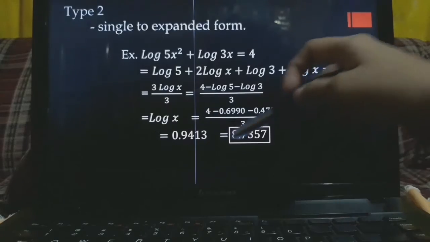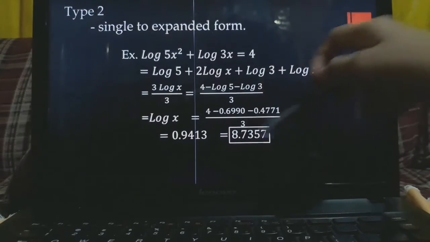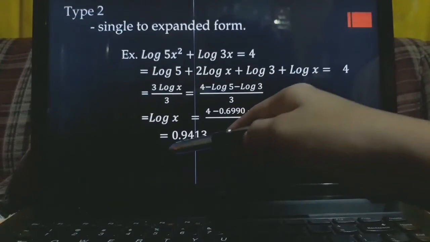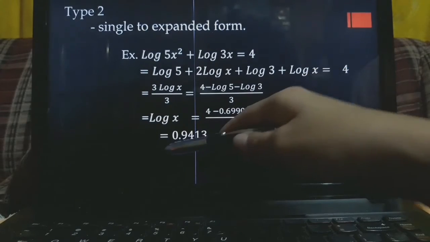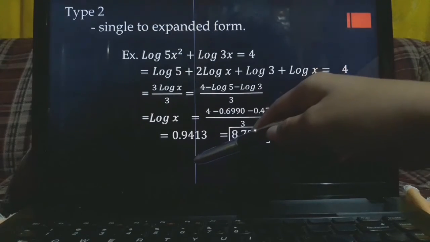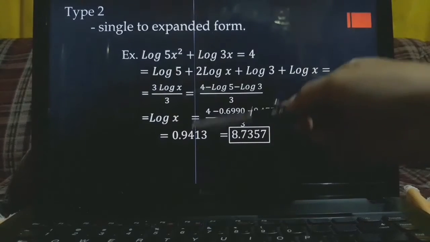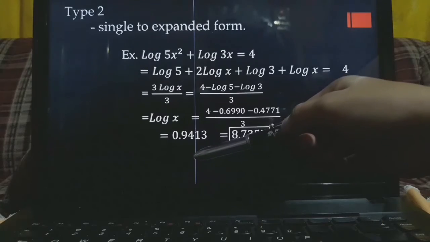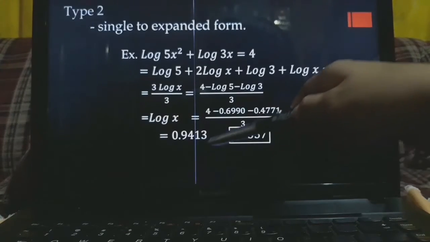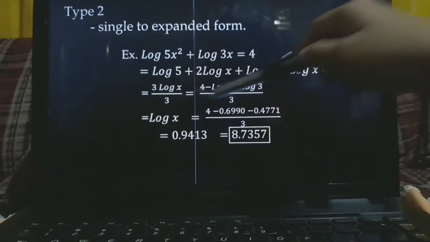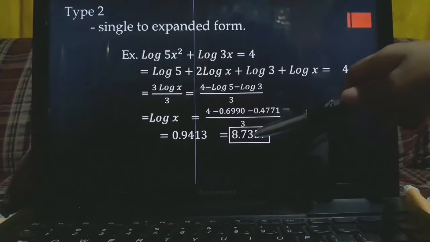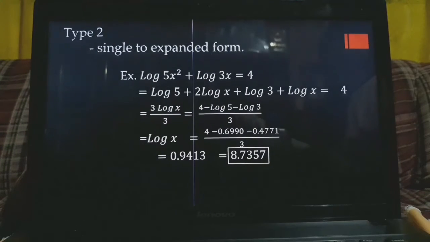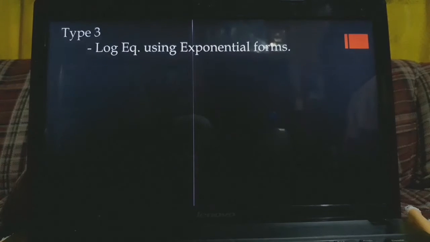Input this on your calculator, and then the answer will be 0.9413, just 4 decimal places. And then again, on your calculator, press shift log, input this one. The answer will be 8.7357.